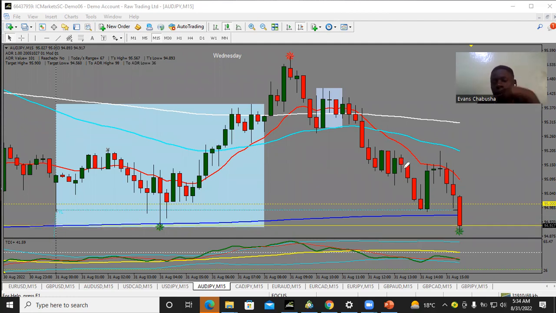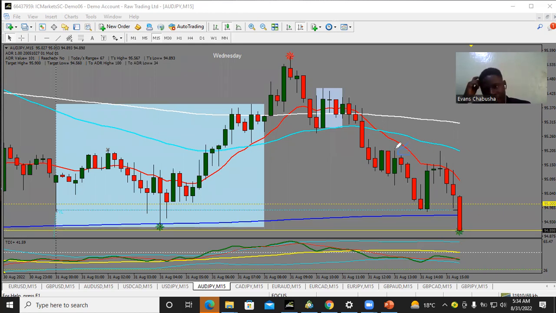Now looking at this, where will be my first take profit in this trade? Remember, the way I trade, I take money out of the market as the market makes it available to me. So I'll set my first take profit, and my second take profit will trade this line here.